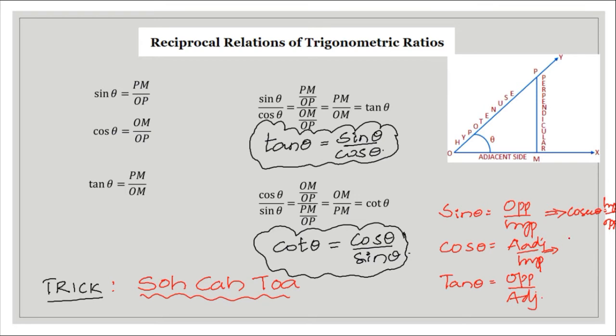When we take the reciprocal here, we get secant theta, which is hypotenuse by adjacent. When we take the reciprocal of this, we get cot theta. It is defined as adjacent side upon opposite side. So you can make use of this trick if it is difficult for you to remember sin theta as opposite by hypotenuse, cos theta as adjacent by hypotenuse, and tan theta as opposite by adjacent. This trick would help you to remember all the 6 trigonometric ratios.